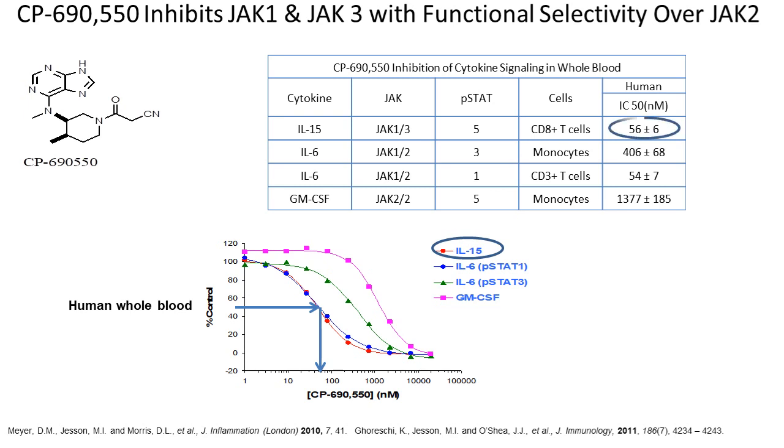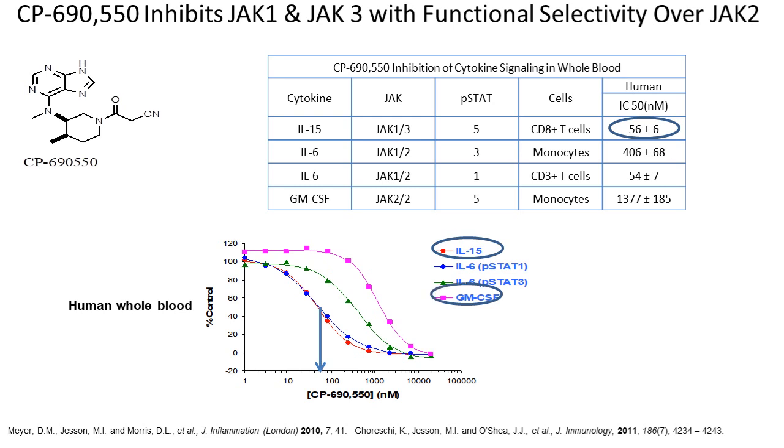So what you see on the table is that on the substrate of CD8 positive T cells, interleukin 15 signaling via the JAK1/3 using STAT5 will require 56 nanomolar concentration of this particular drug to inhibit 50% of this signaling compared to when the cell has absolutely no inhibitor, so 56 nanomolar.